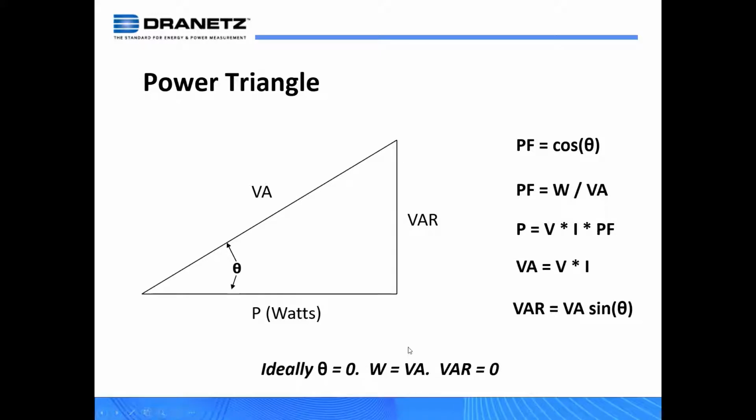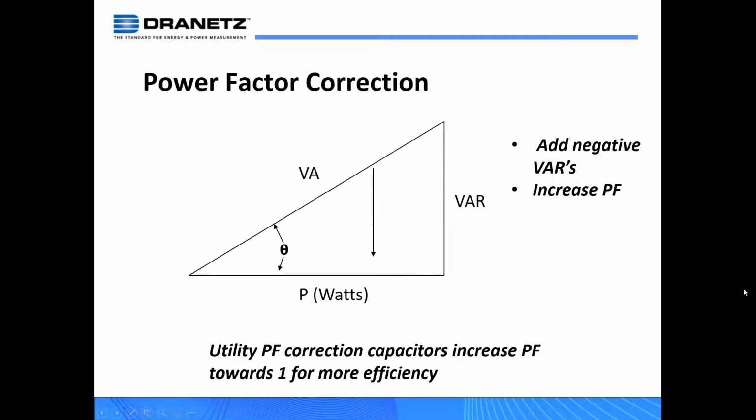That means watts equals VA and the VARs equal 0. But as that angle grows, or the power factor decreases, the VARs grow. So the whole objective is to not have any VARs, and VA and watts are the same. There will be no angle, and there won't be a triangle because this will just be a straight line. So that's the theory behind this.